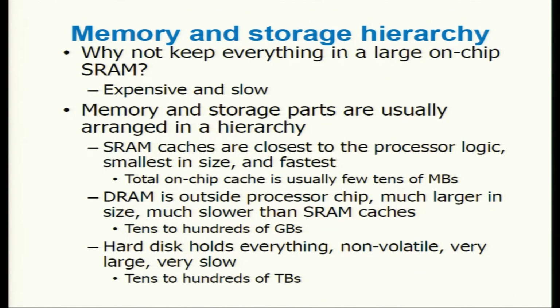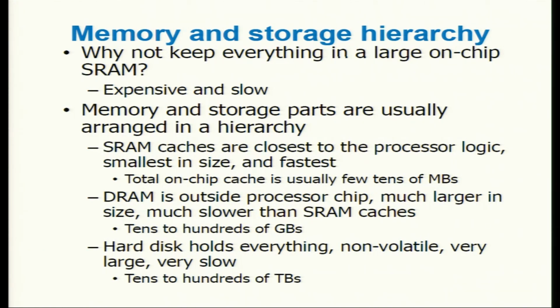So memory and storage parts are usually arranged in a hierarchy. SRAM caches are closest to the processor logic, smallest in size and fastest. For example, total on-chip cache is usually a few tens of megabytes today. It varies a lot. DRAM is outside the processor chip, much larger in size, much slower than SRAM caches, and typically tens to hundreds of gigabytes in size today.